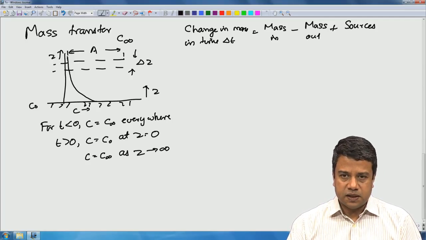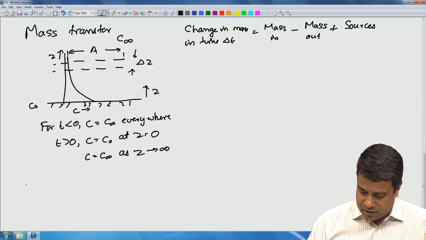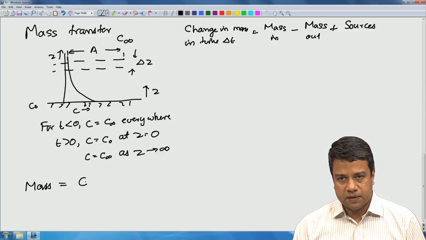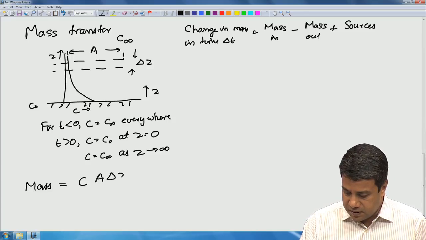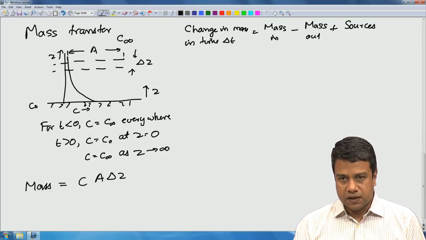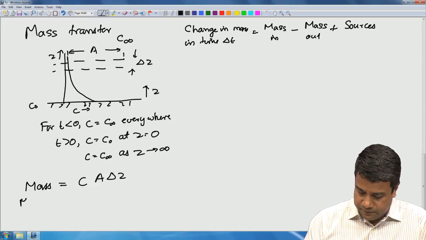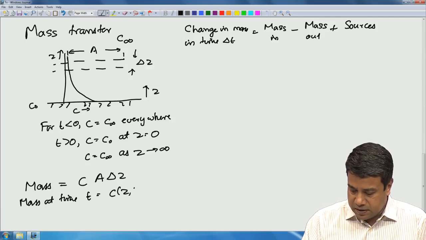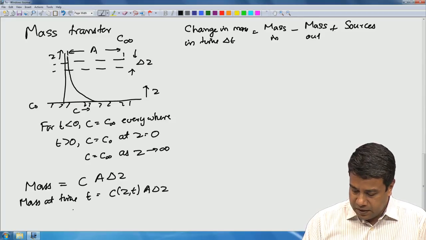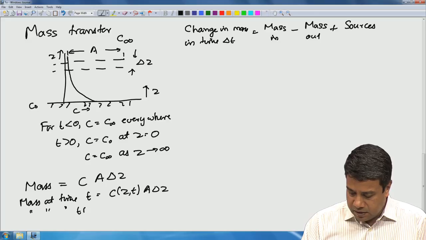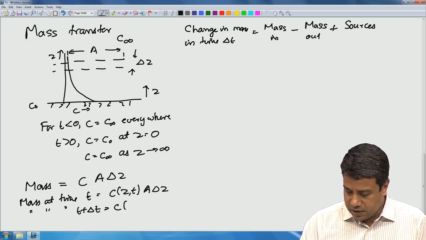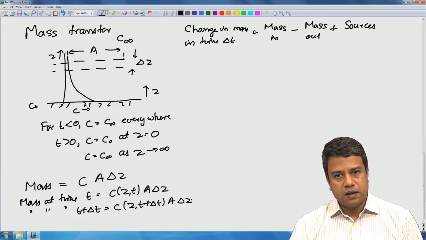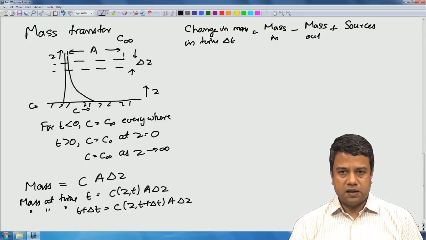What is the change in mass within a time delta t? The mass within this volume is going to be equal to the concentration times the volume itself, A times delta Z. So, therefore, the mass at time t is equal to C at Z, t, A times delta Z, and mass at time t plus delta t is equal to C at Z, t plus delta t, A times delta Z. So, therefore, the change in mass is the change in concentration times the volume.